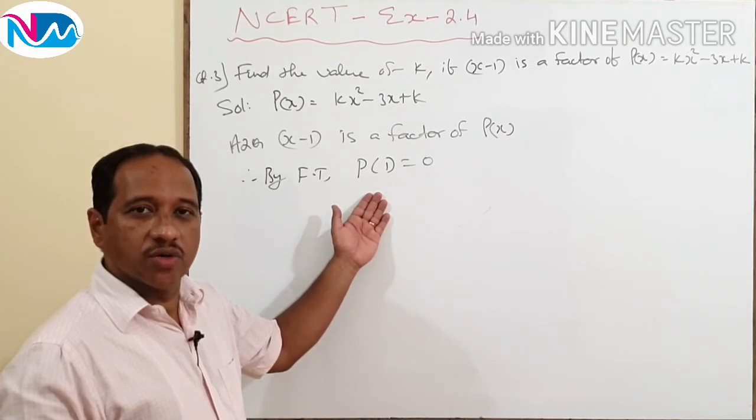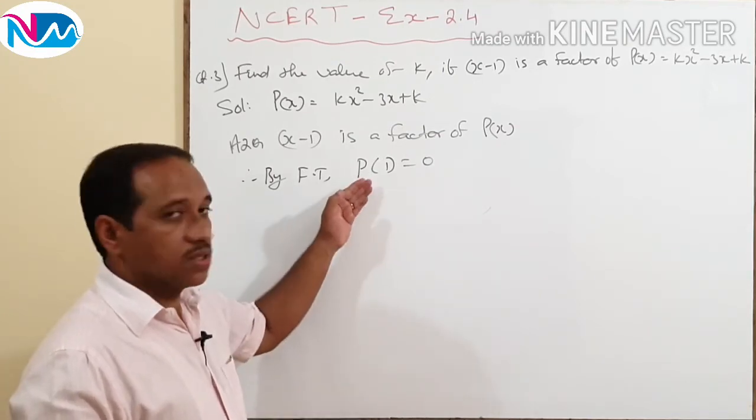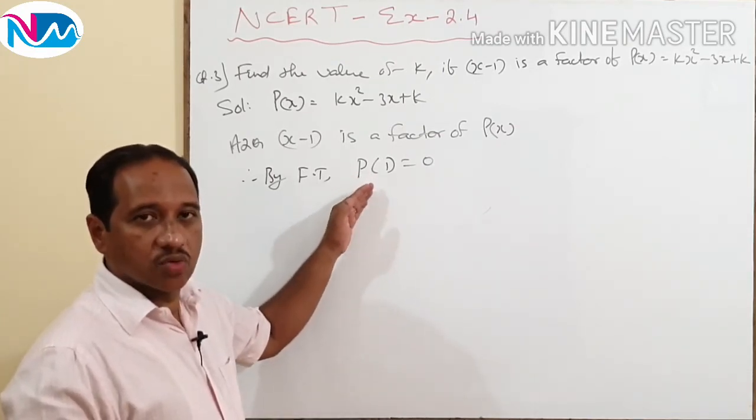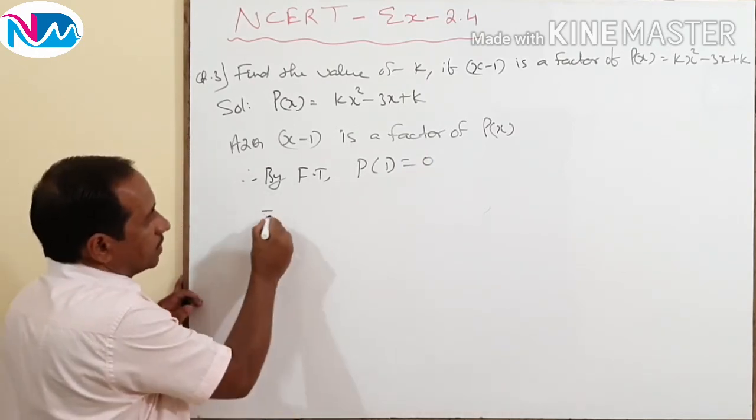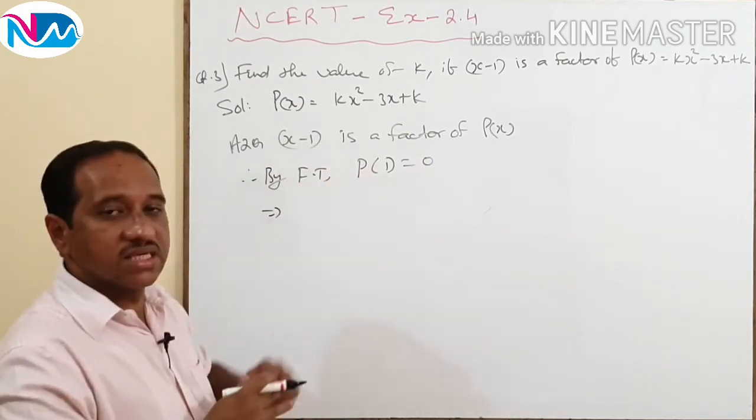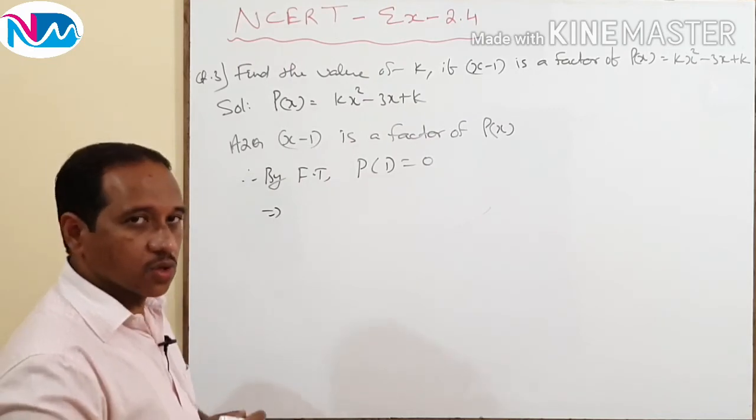P of 1 is equal to 0 means the value of the polynomial at x is equal to 1 is equal to 0, and it is obtained by replacing x with 1 in the given polynomial.